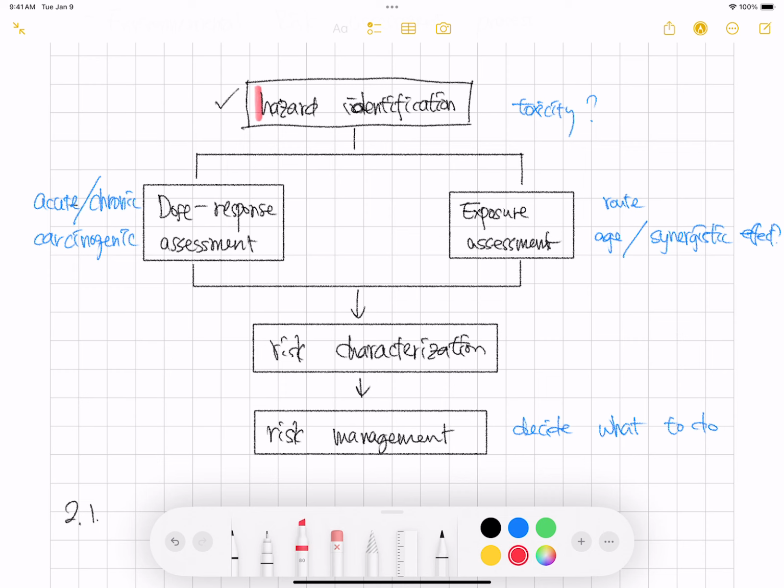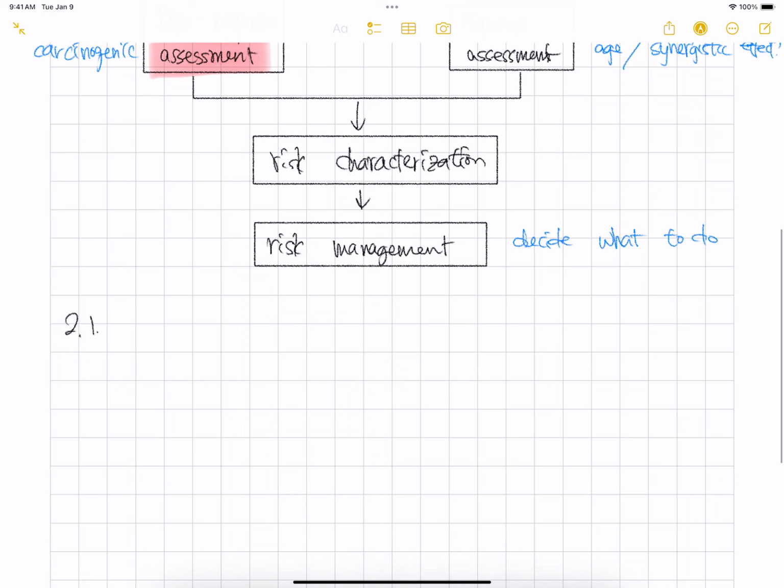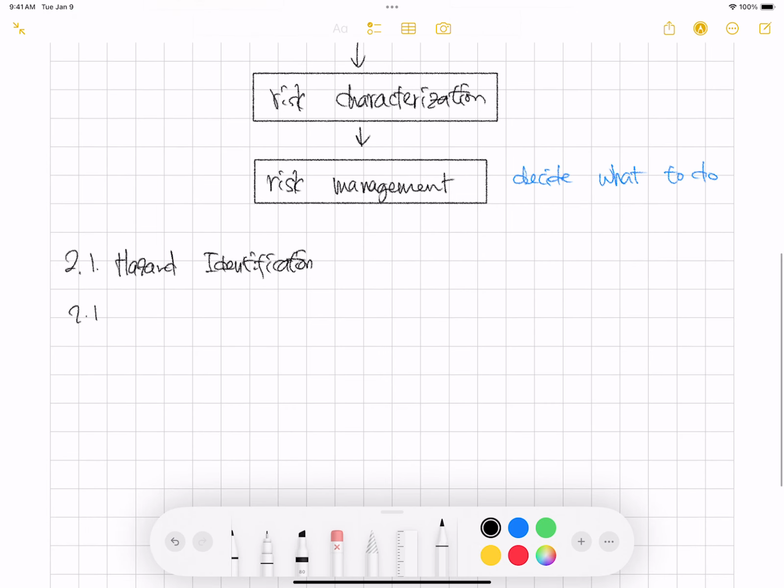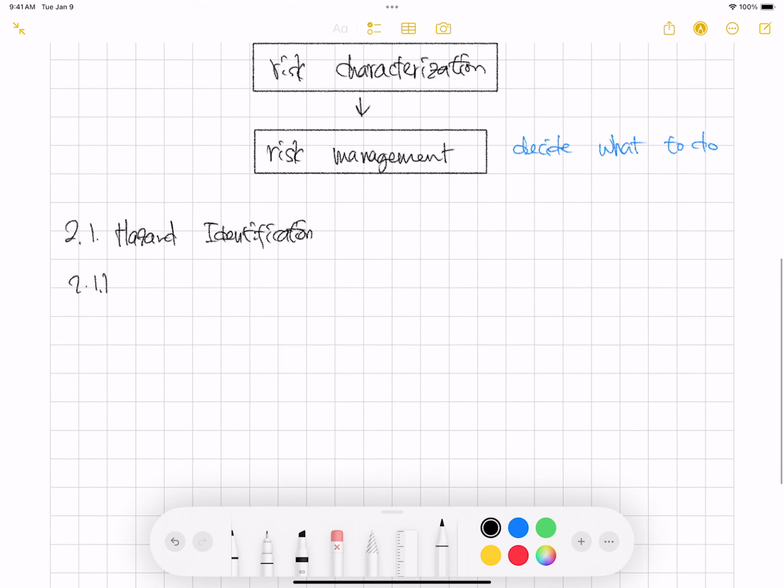So we are going to talk more in detail about hazard identification and dose response assessments. Toxic chemicals can be classified into two classes, whether the toxicity is acute or chronic.